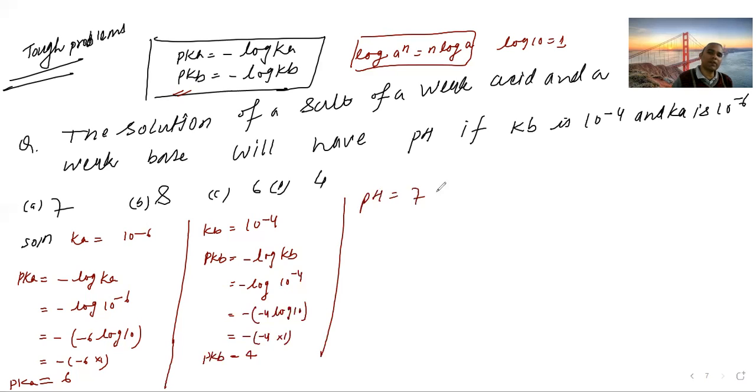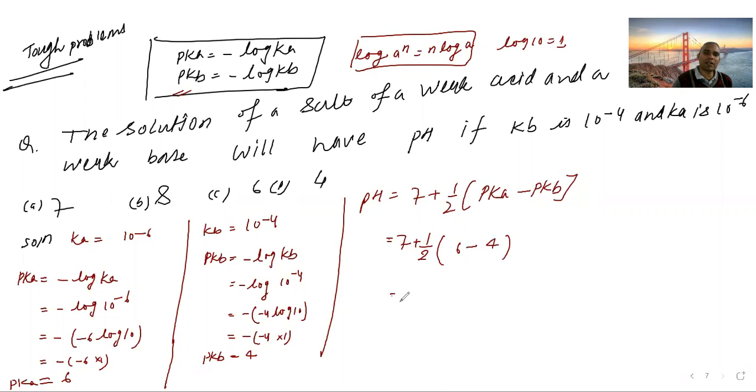Now you can calculate the pH. pH is equal to 7 plus 1 by 2 in bracket pKa minus pKb. So now it is 7 plus 1 by 2. The value of pKa is 6 and the value of pKb is 4.